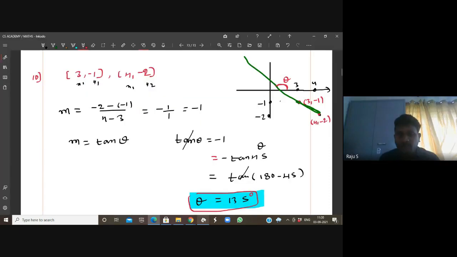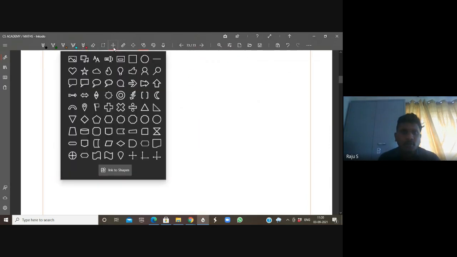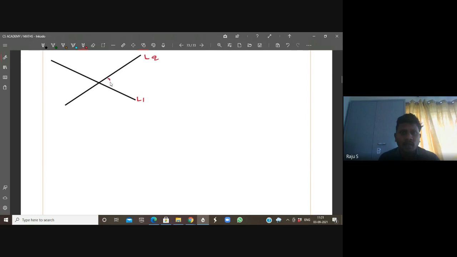Exactly, because of the angle between two lines. I'm going to explain the concept of the angle between. For example, this is line L1 and this is line L2. The angle between these two lines is theta, and the other angle is pi minus theta.